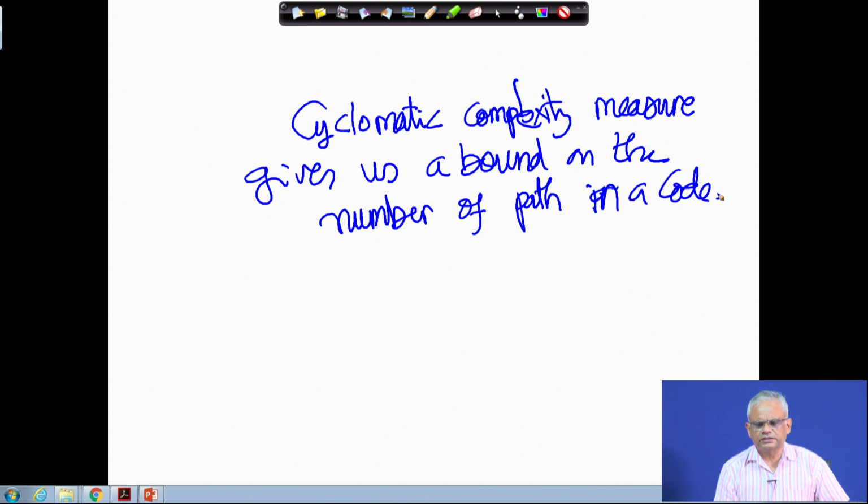We had discussed 3 ways to compute. The first is we represent the control flow diagram from a program code, and then we count the number of edges minus number of nodes that are there in the control flow diagram plus 2.